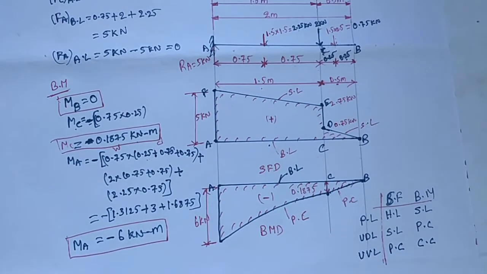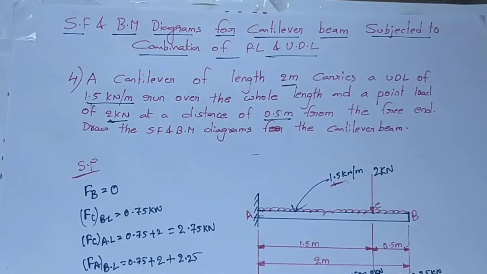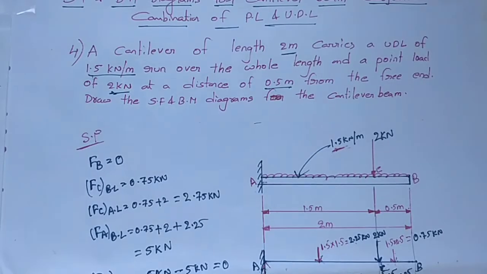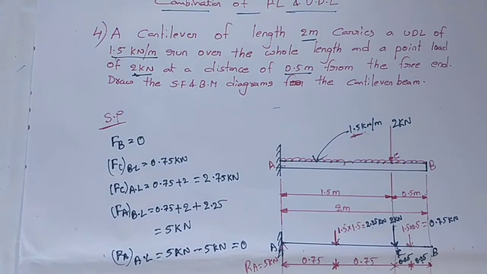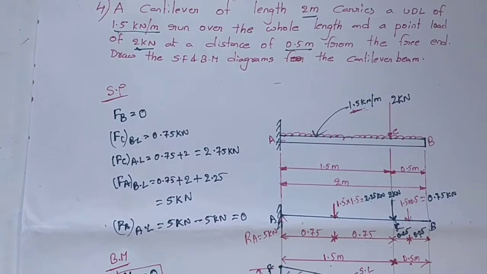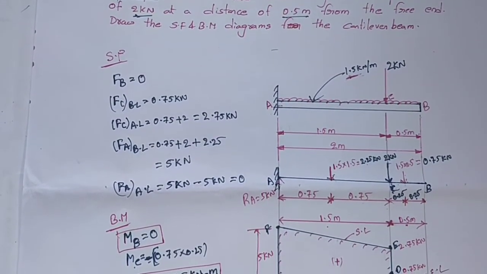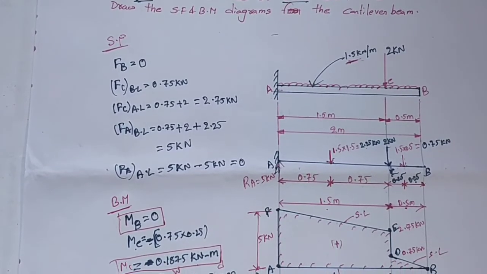Okay, this is how to draw the shear force and bending moment diagram for the given problem. First we need to draw the beam based on the given data. Next, convert the UDL load into point loads. Next, calculate the shear force and bending moment where the load is acting.